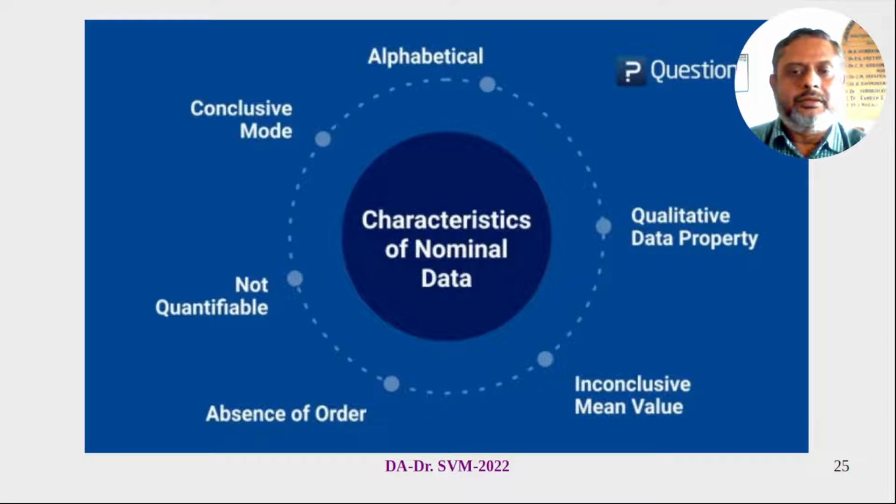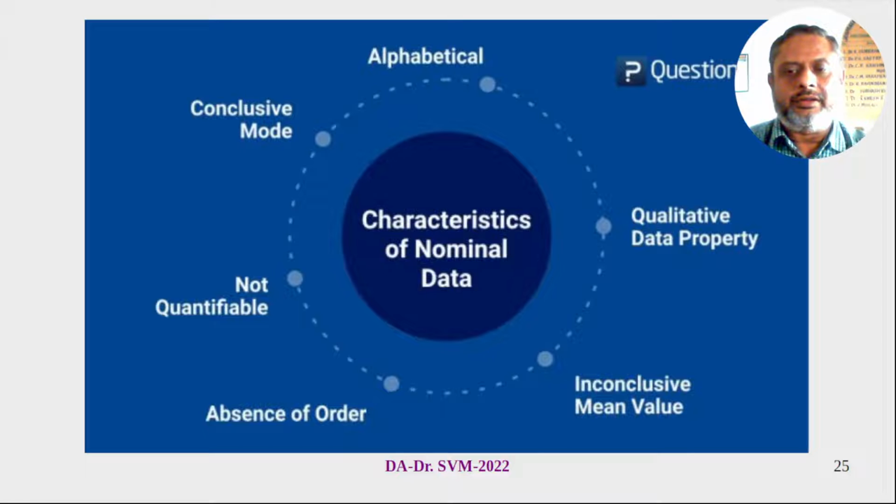Whereas in the quantitative, there is a difference. So characteristics of nominal data: it is usually alphabetical. Qualitative data property is there. Inclusiveness of mean: you can't talk of mean. There is no order, it cannot be quantified, and there is a conclusive mode.